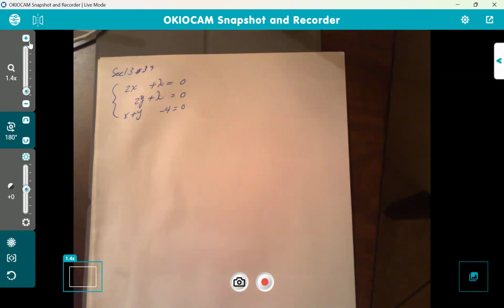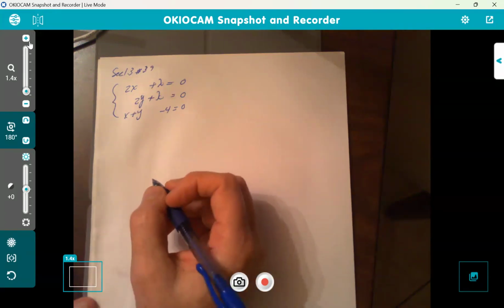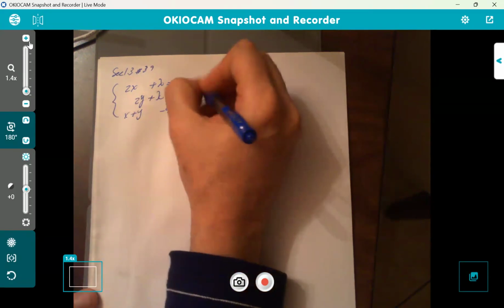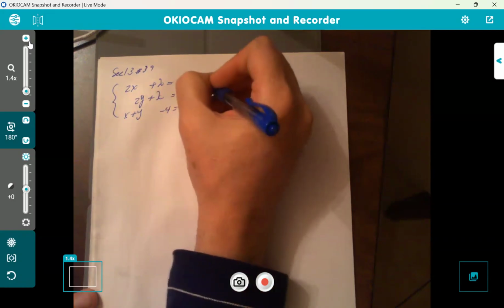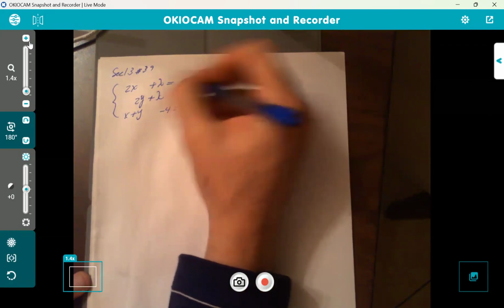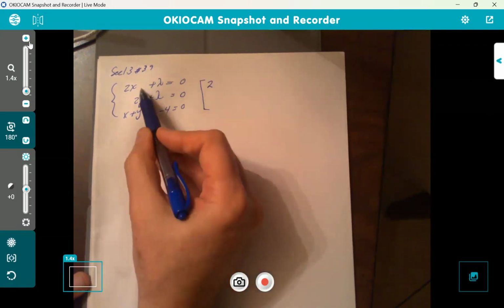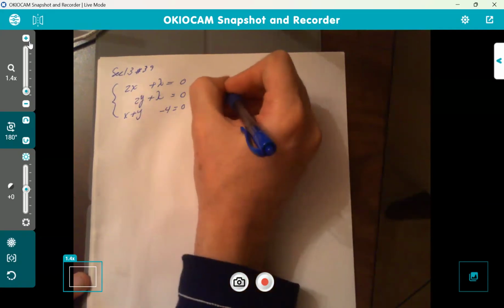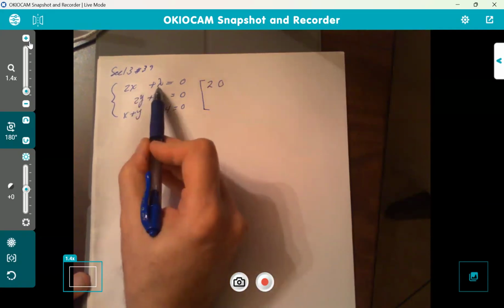So let's write this system first in its matrix form. The matrix form of this, remember the coefficient on x, that's the first column. So it's going to be 2. The coefficient on y, that would be our second column. And the first equation is 0. So I'm going to put 0. The coefficient on lambda, that would be like our third variable.